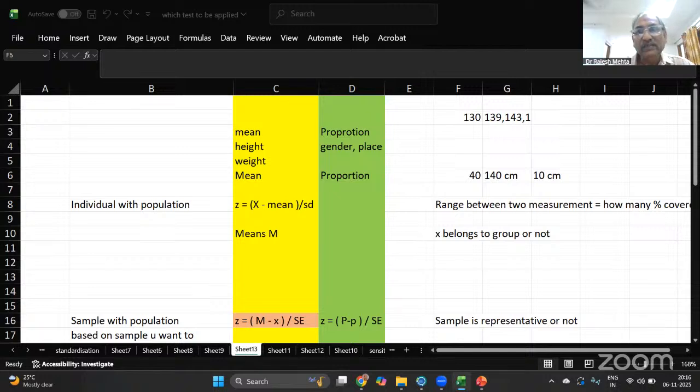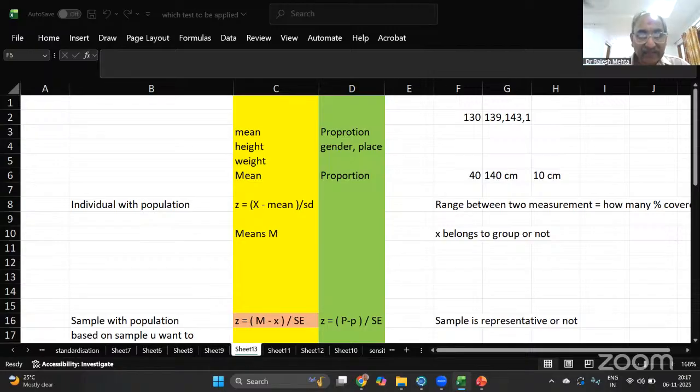Any questions so far? So I repeat, if you are given a population of, let's say, 10,000, and you are asked to find out the mean of the population, you should be able to find out. You should be able to find out standard deviation also.